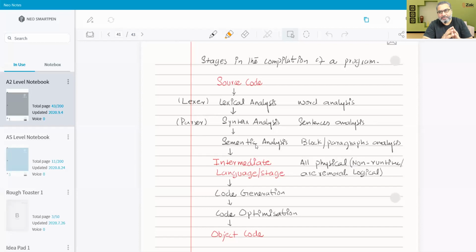Now there are two types. Few of the compilers, what they do, they just call those functions when they are required from other library routines. Or few of the compilers, what they do, they just call them and combine with your object code.